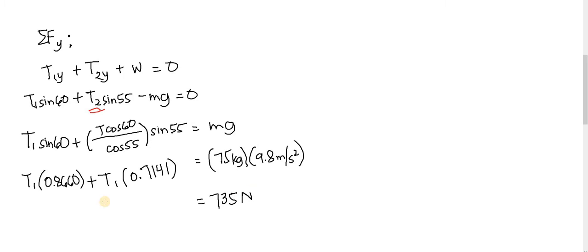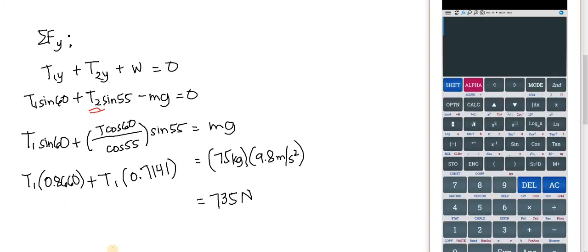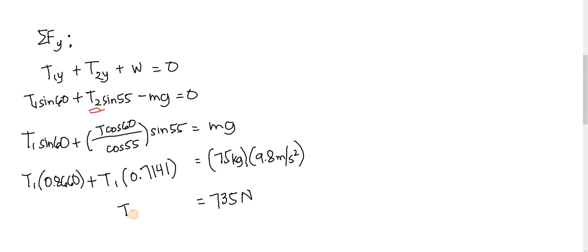Then 0.8660 plus 0.7141 is 1.5801. That will be T1 multiplied by 1.5801.